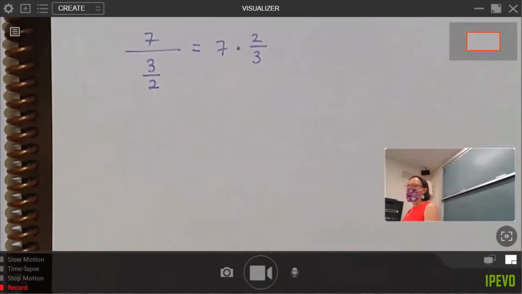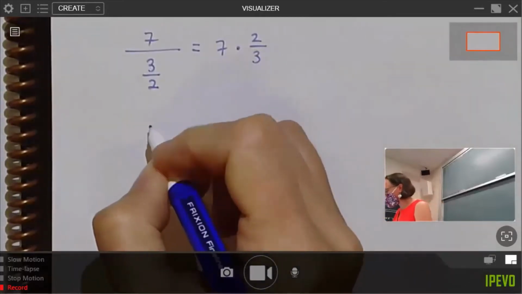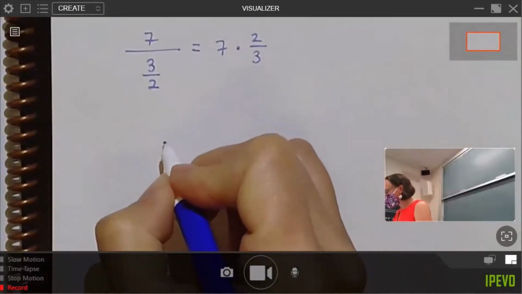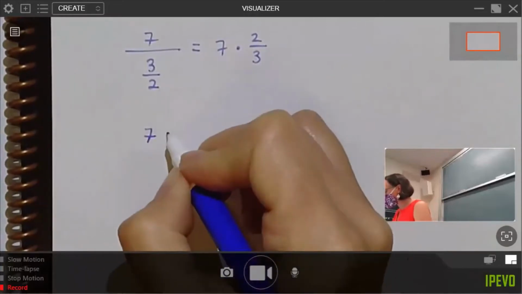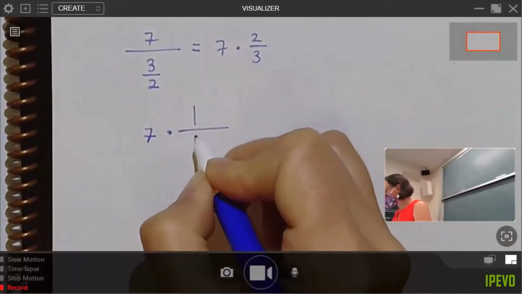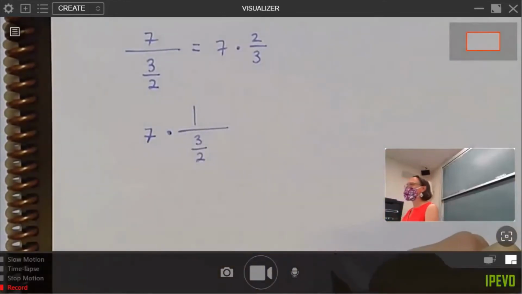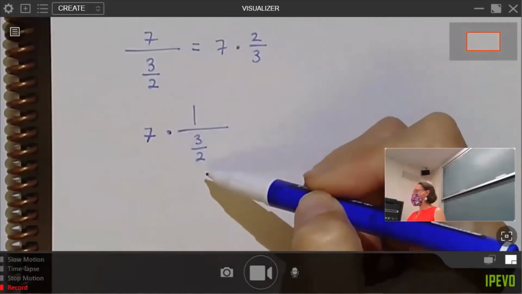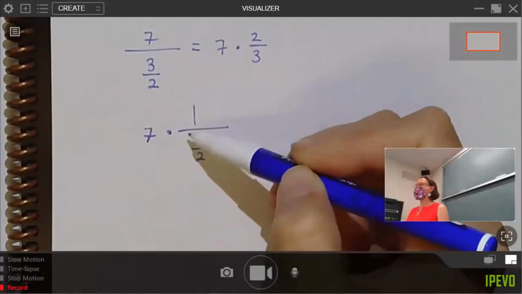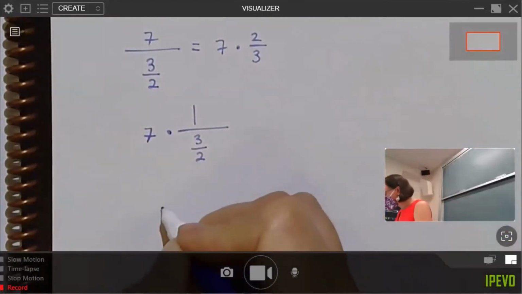One of the reasons that that's working is that we could think of this as 7 times 1 divided by 3/2, right? So in that same sense of when we're dividing by a whole number, we can turn that into the fraction, the 1 over. But this is real ugly, yeah? This is not super helpful. But let's figure out what it is.